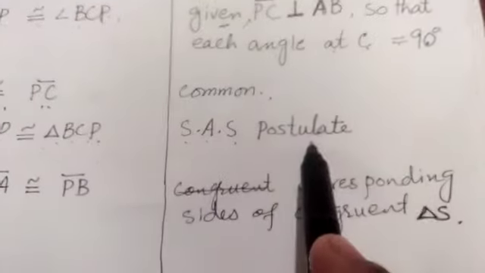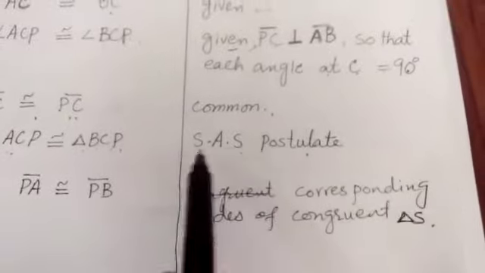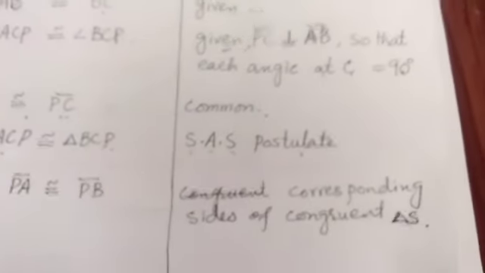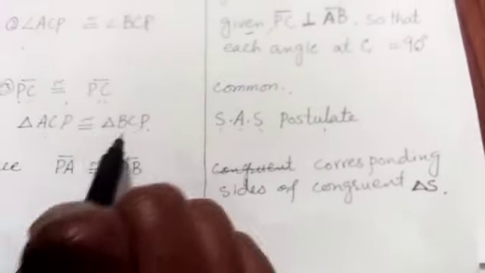So we write here side angle side postulate. According to the rule, if two sides and one angle of one triangle are congruent to two sides and one angle of another triangle, then they will be congruent to each other. Congruent means they will be equal in measurement and size to each other.